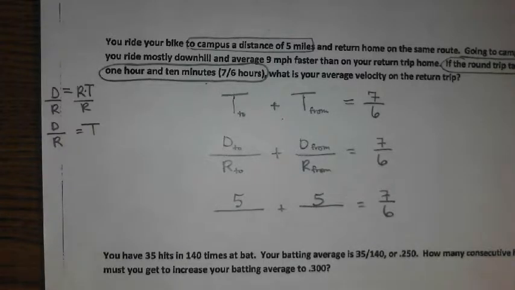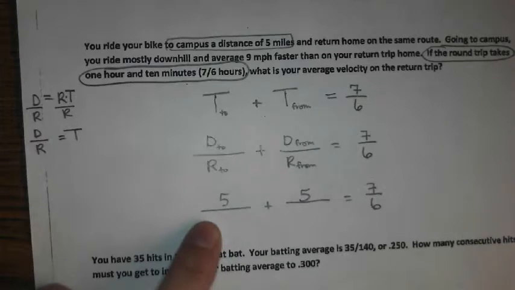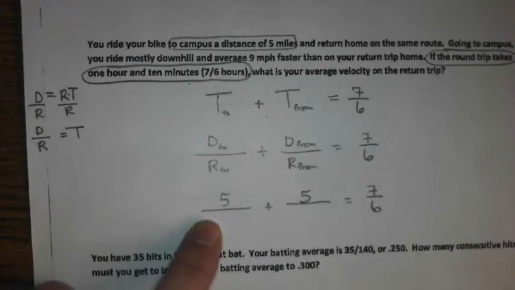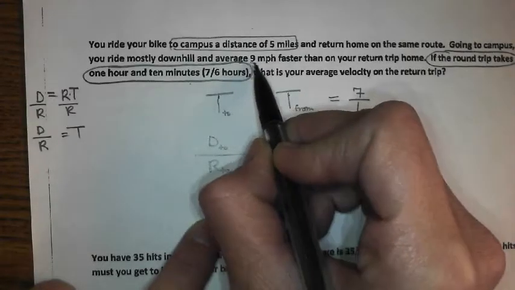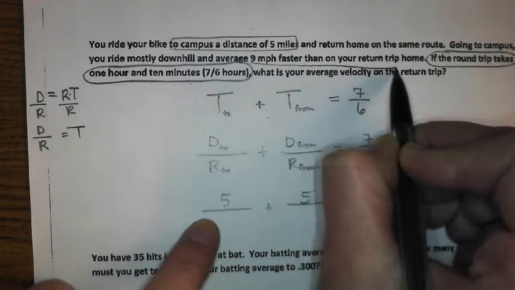How about next, Mason? 9 out of the first 5. R2. Did they say we went 9 miles per hour on our way to? 9 miles per hour faster. Well, it was 9 miles per hour. Let's think about this. You may be right. I got to think about it. 9 miles per hour faster than on your return trip home.